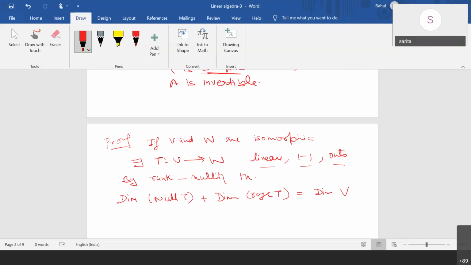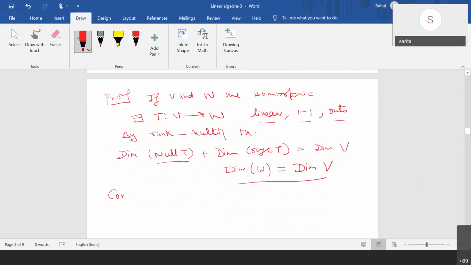Since V and W are isomorphic, it is one-to-one, and from the previous example, kernel T is 0. Therefore this dimension is 0, so we have dimension of W equal to dimension of V. First part.